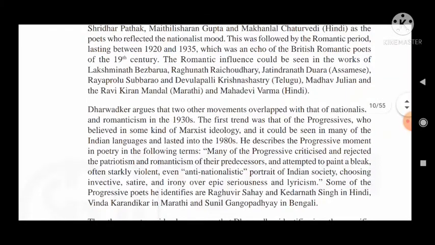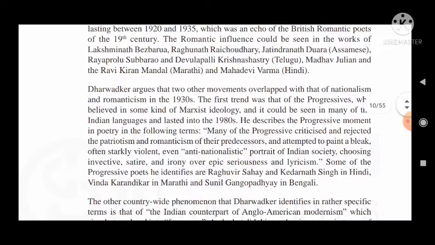The Romantic influence could be seen in the works of Lakshminath Bezbarua, Raghunath Rai Chaudhary, and Jatindranath Dwara, Assamese poets, Raya Prolu Subbarao and Devulapalli Krishna Sastri in Telugu, and Madhav Julian, Rabi Kiran Mandal, and Mahadevi Verma in Hindi.